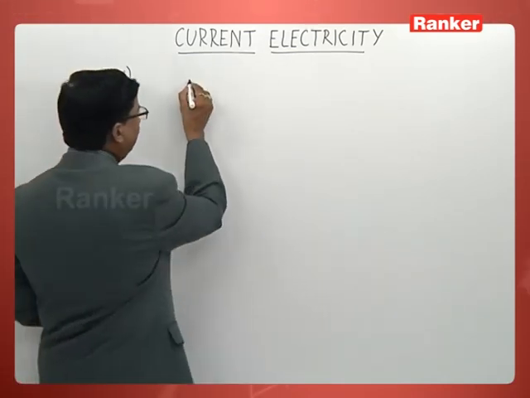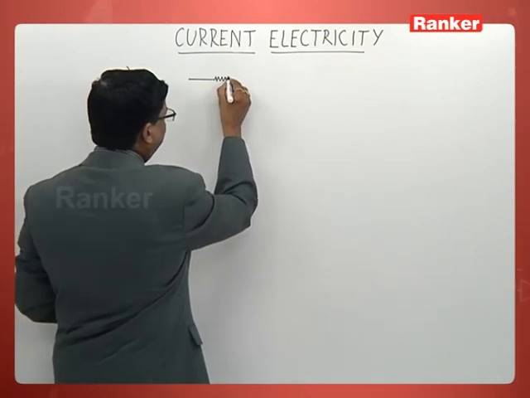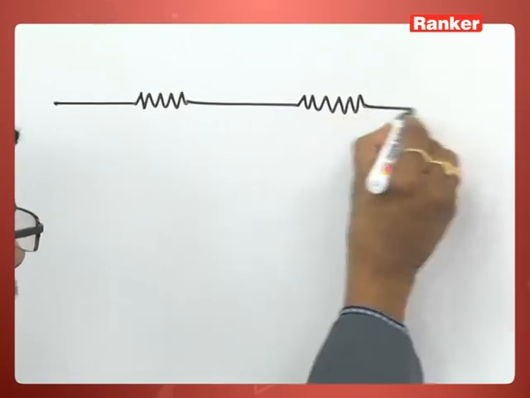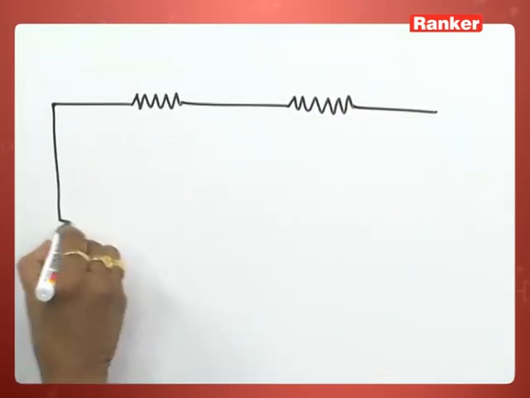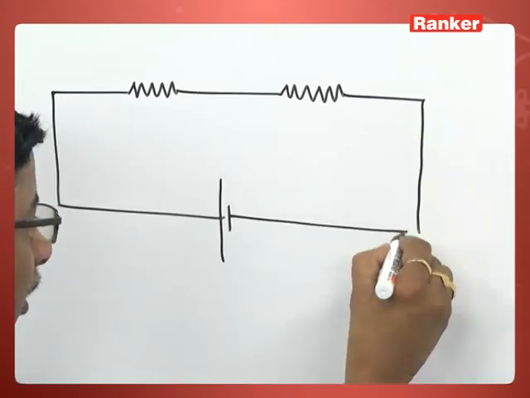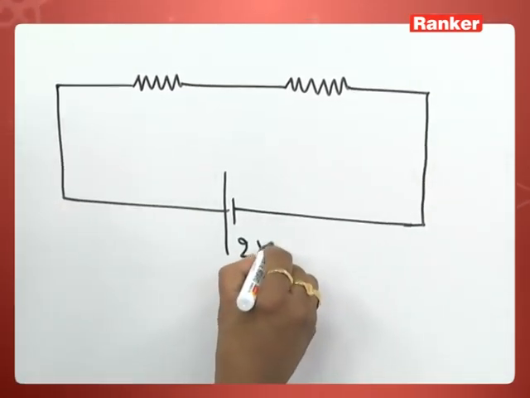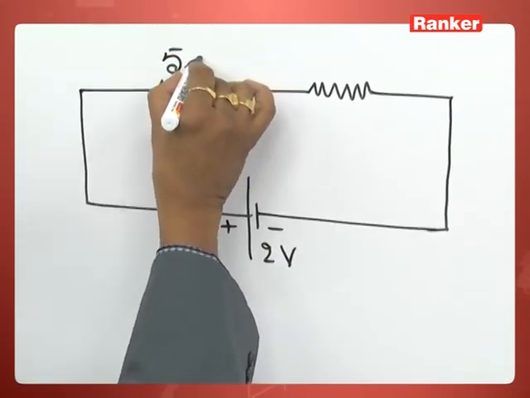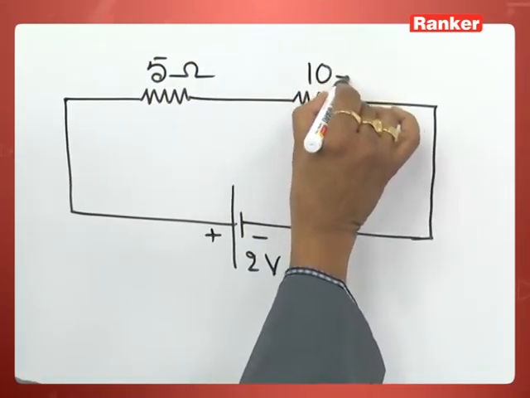I can take a 5 ohm resistance and a 10 ohm resistance, both connected in series across a cell which can provide a potential difference of 2 volt.